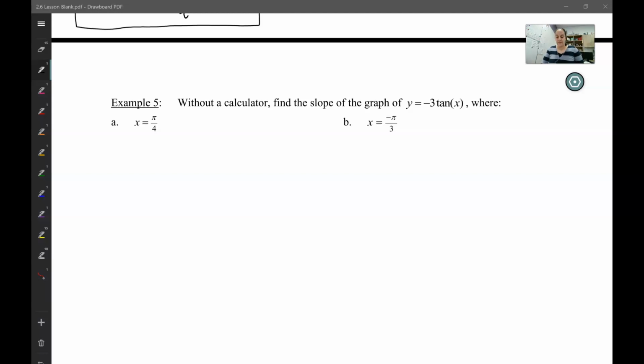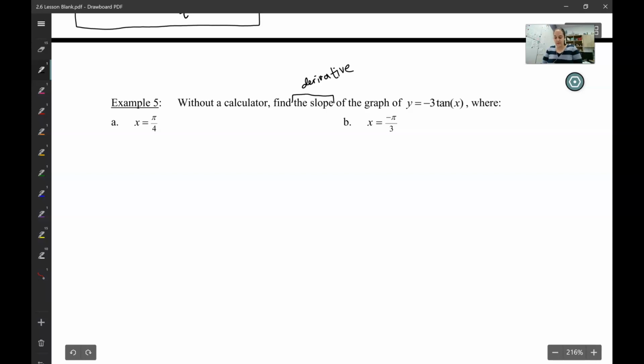Okay, in this last video it says without a calculator, find the slope of the graph of this equation. So immediately, whenever you see the slope, you should think derivative.